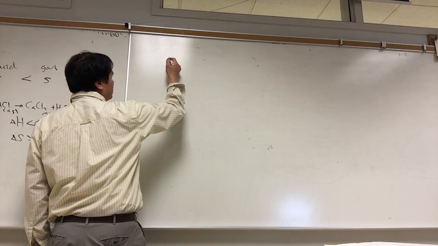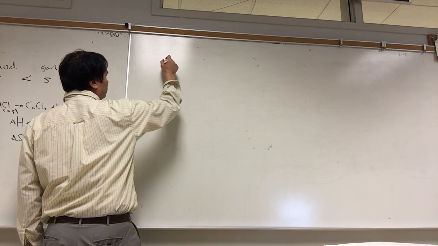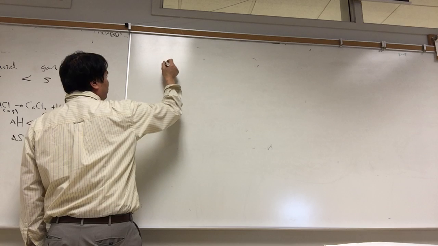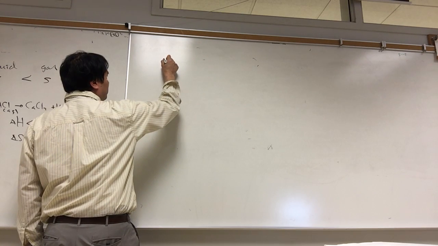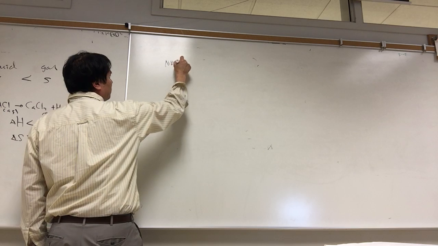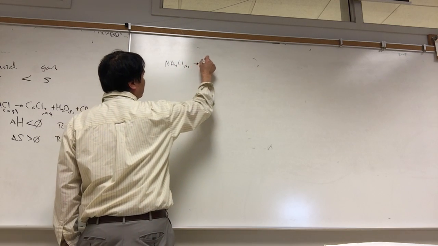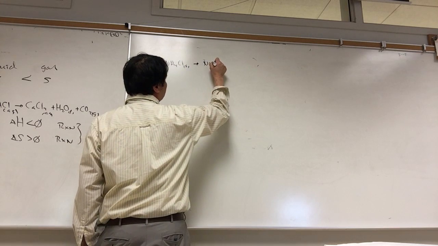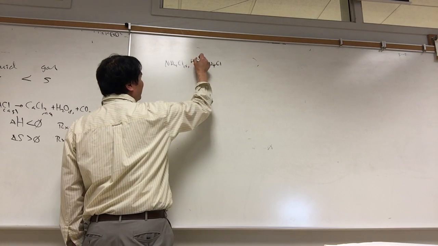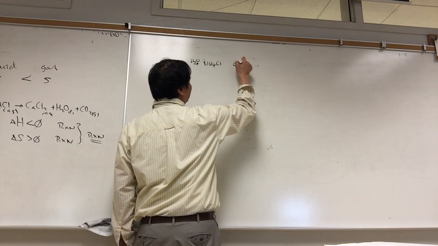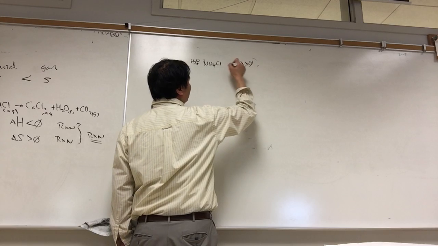But there are other cases, like for example here. If we look at ammonium chloride solid going to ammonium chloride aqueous, then we look at delta H. Delta H is positive.